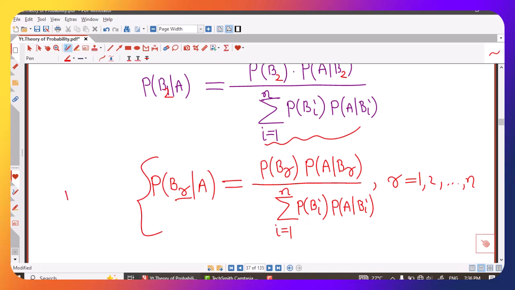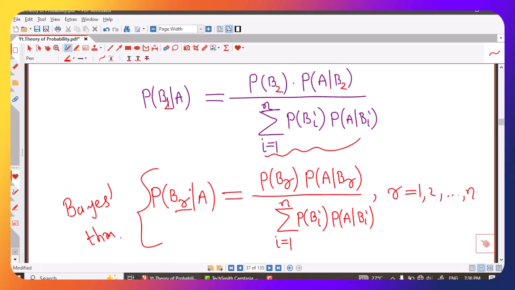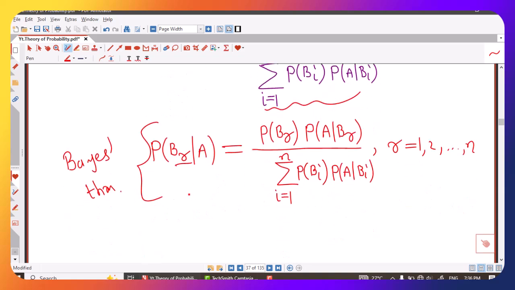So this formula is known as Bayes theorem. So we can use Bayes theorem to calculate conditional probabilities of this type. But here also we assume that all these events B1, B2 up to Bn are mutually exclusive and their union is the whole sample space.